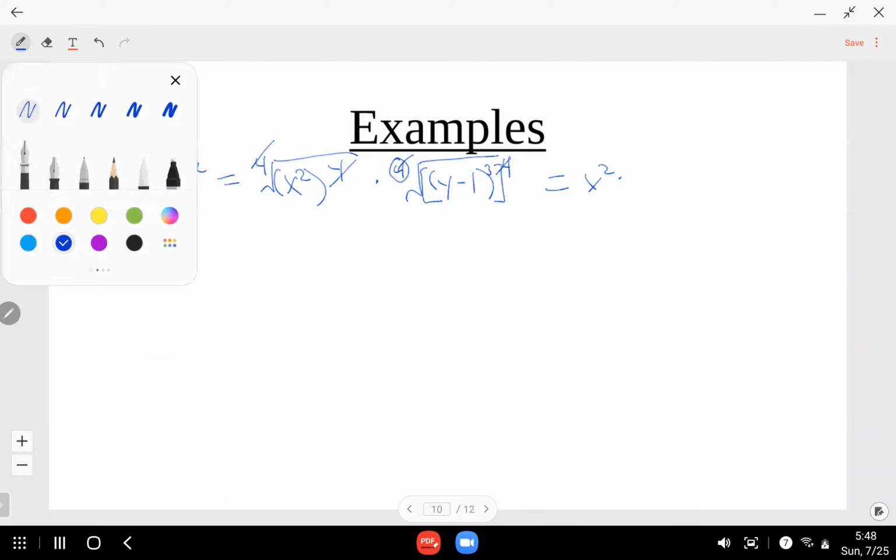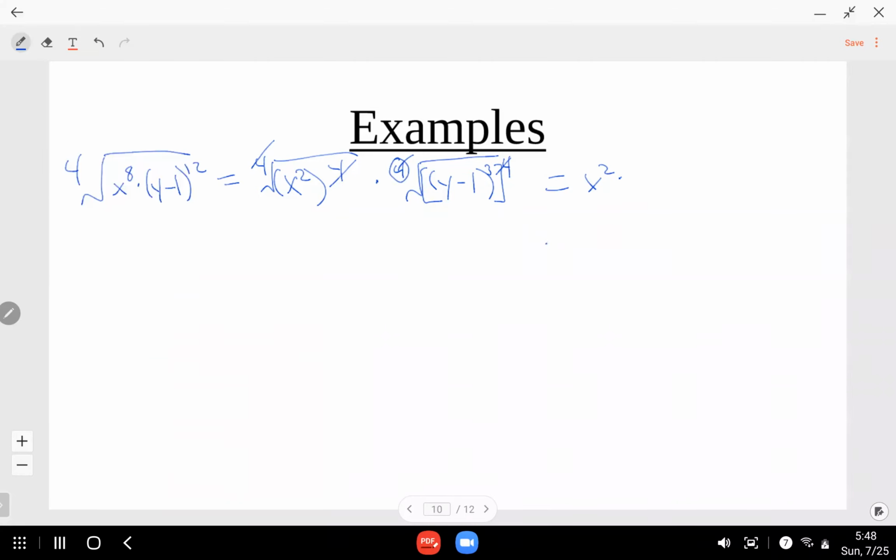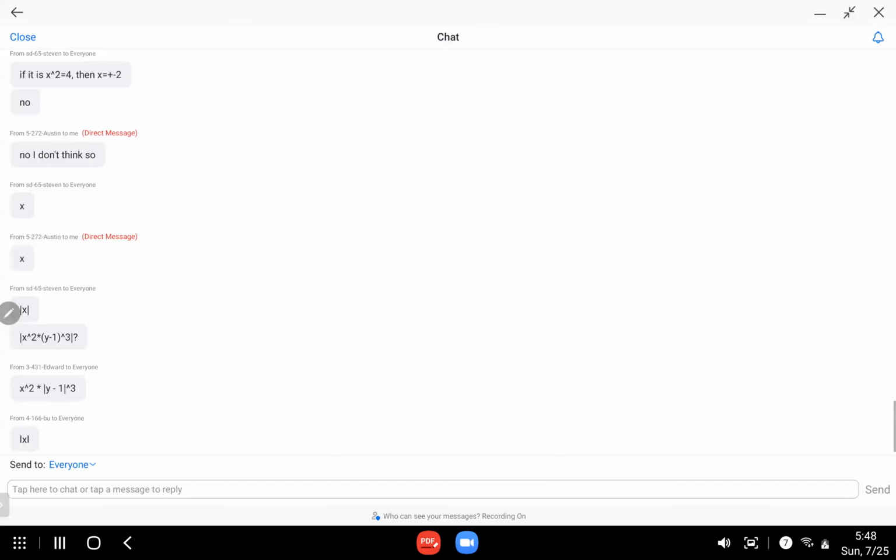So we must have an absolute value on y minus 1. So this is our answer: x squared times the absolute value of y minus 1 to the third. Very nice. Great job.